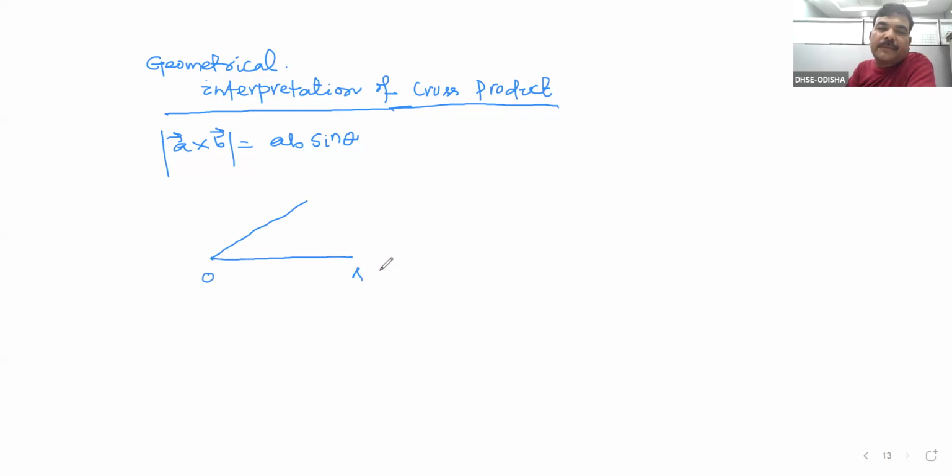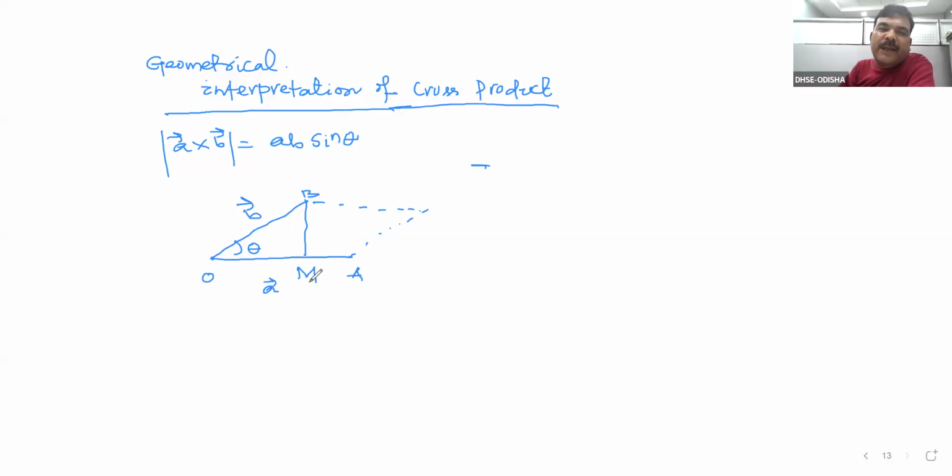Let OA be vector A and OB be vector B. Theta is the angle. Let us draw the perpendicular from point B. Let M be the foot of the perpendicular drawn from point B upon OA.